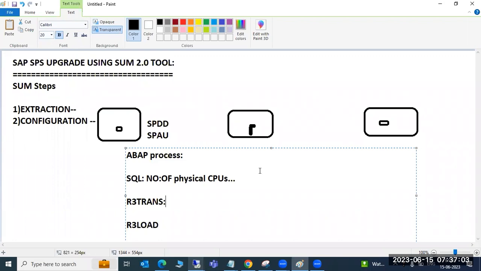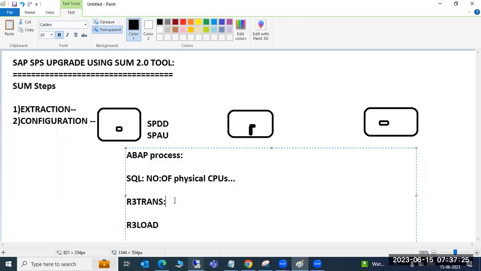No one will explain in detail like this, how many ABAP processes and how many SQL processes we required. So for the SQL process, the number of physical CPUs: suppose in your organization you have 10 CPUs, then you need to put 10.